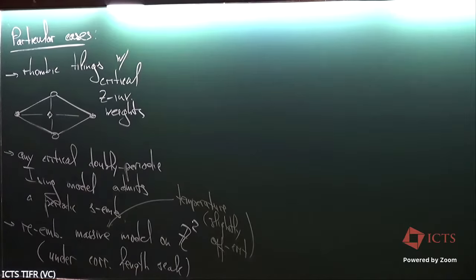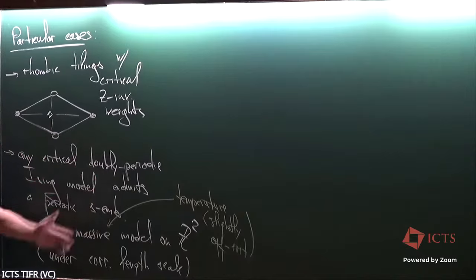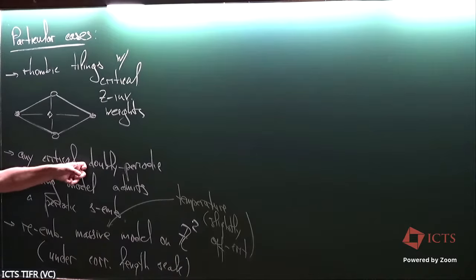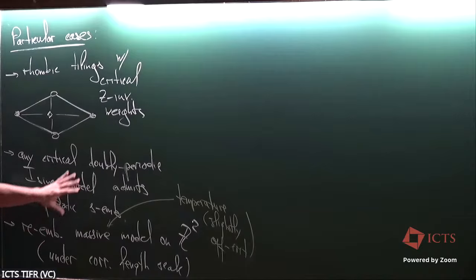So here the logic of these examples is that you start with a model defined maybe on a nice graph. So this W periodic could have been even Z2, but with non-homogeneous weights, W periodic. And then you try to represent it in this way. And in some cases it can be done.